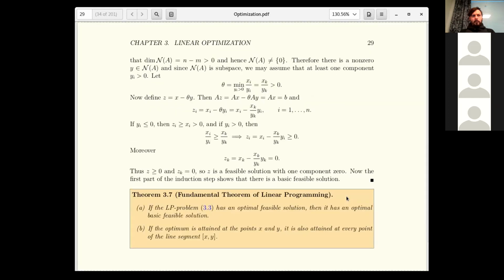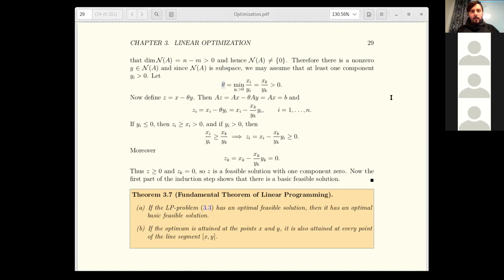So there is a non-zero vector y such that A times x plus y equals b. Now, this is a bit tricky. What we can do here is take that y and multiply it by some constant theta. I'm going to just write it here on the margin.